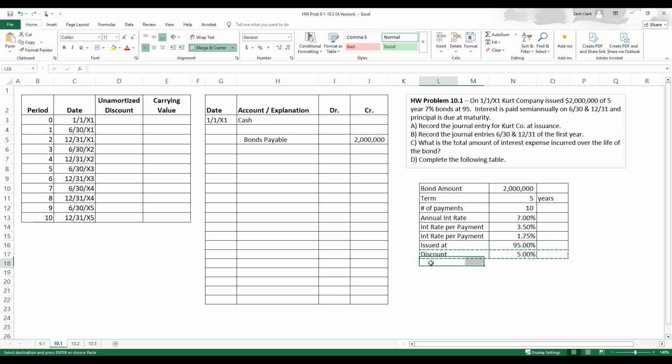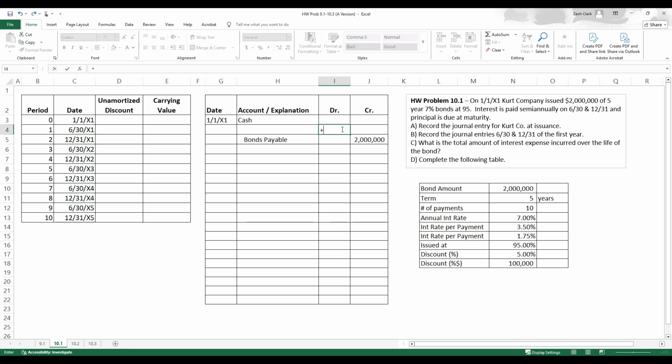And so then we'll say discount percent, and then the discount dollars equal 2 million times 5%. Format paint that, or $100,000. Okay.